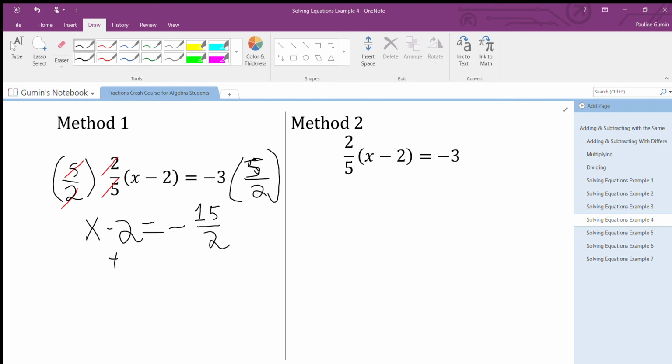I finish this problem by adding 2 to both sides, and I get that x equals, well, negative 15 halves is negative 7.5, and if I add 2 to it, we should get negative 5.5.